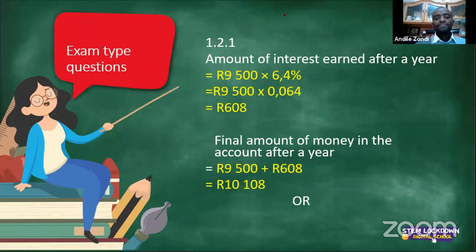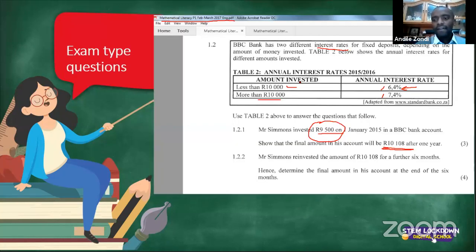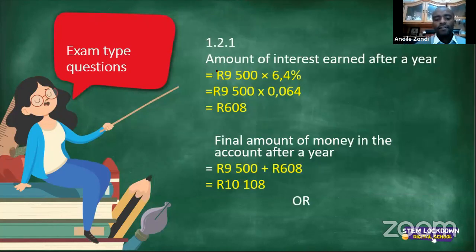let us first calculate the amount of interest that he will earn after 1 year. Remember, we're using 6.4%. So you'll take the principal amount, which is 9,500, multiplied by 6.4%, which is 6.4 divided by 100. That will be 0.064.